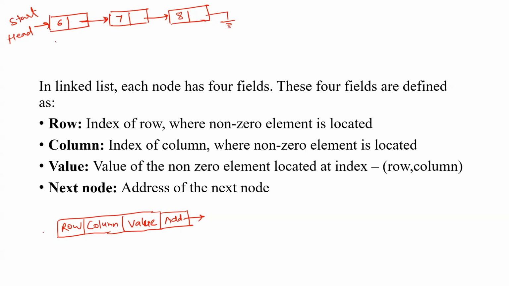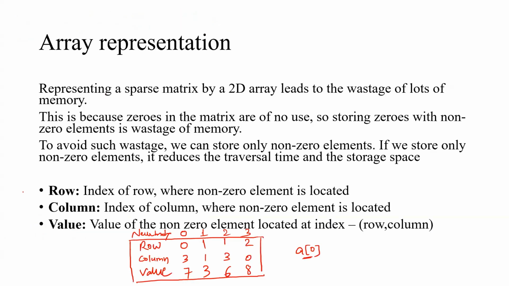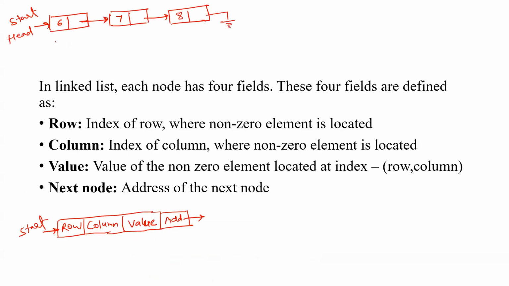So in this way, I can represent all of these values using these nodes. So what will be our values? If you represent row, column, and value here, the values will come as 0, 3, 7, and the last field is having the address of the next.